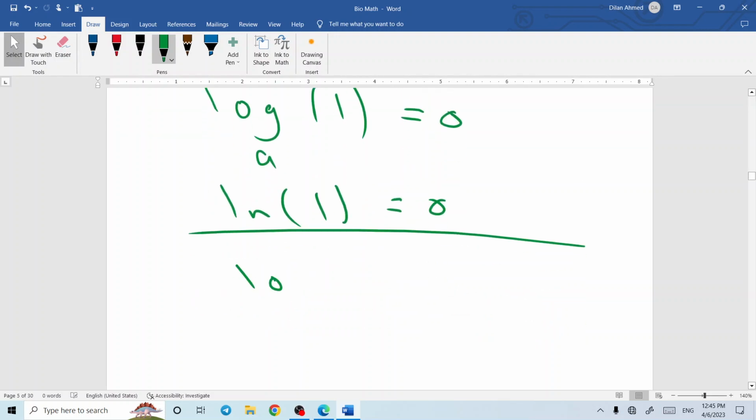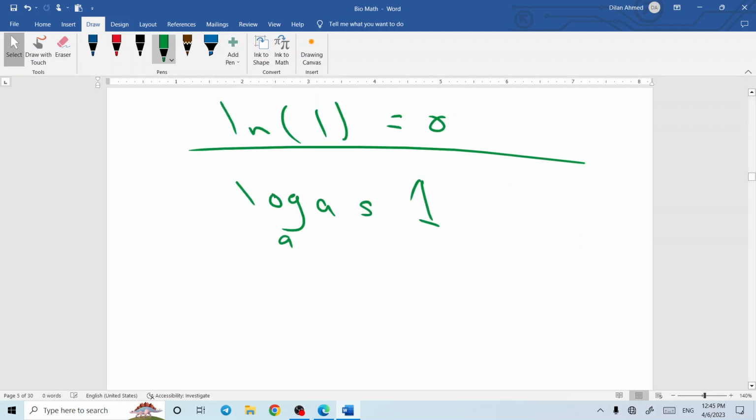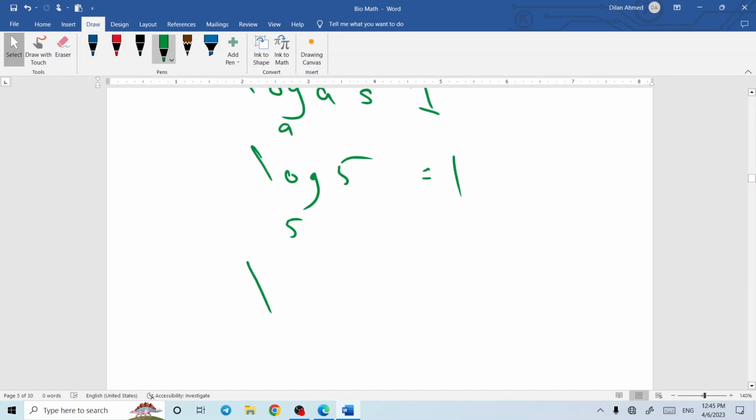And second, log of a with base a equals 1. What do you mean? Can you make the number? Yes, log of 5 with base 5 equals 1. Understood? But here we have ln of e equals 1. Careful. Can you tell me why? Because, let me ask you about ln.